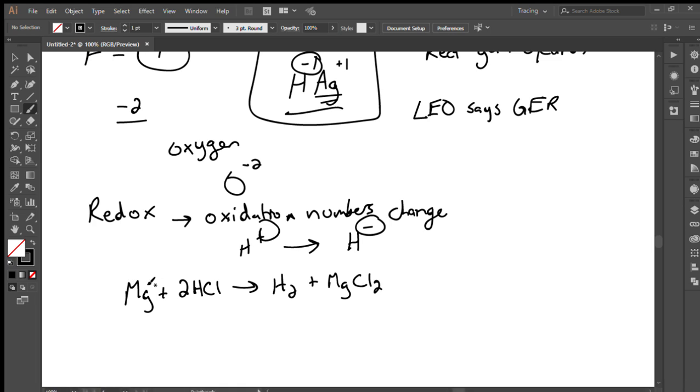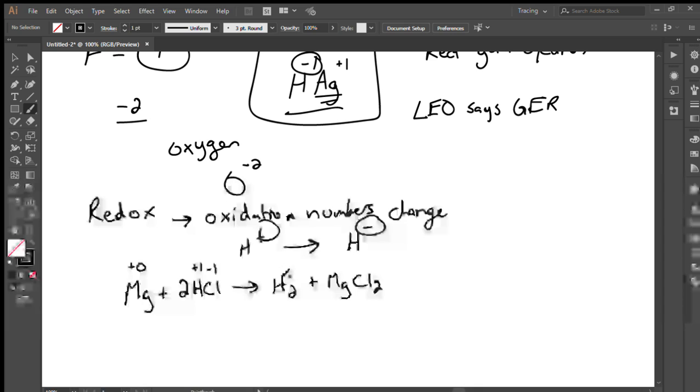Magnesium all by itself has a net charge of 0, so its oxidation number is currently 0. Hydrogen, this is not a metal, so hydrogen is always +1. Because of that, we see that chlorine is a -1 because it's with the hydrogen, or because it's in the 7th column of the periodic table.